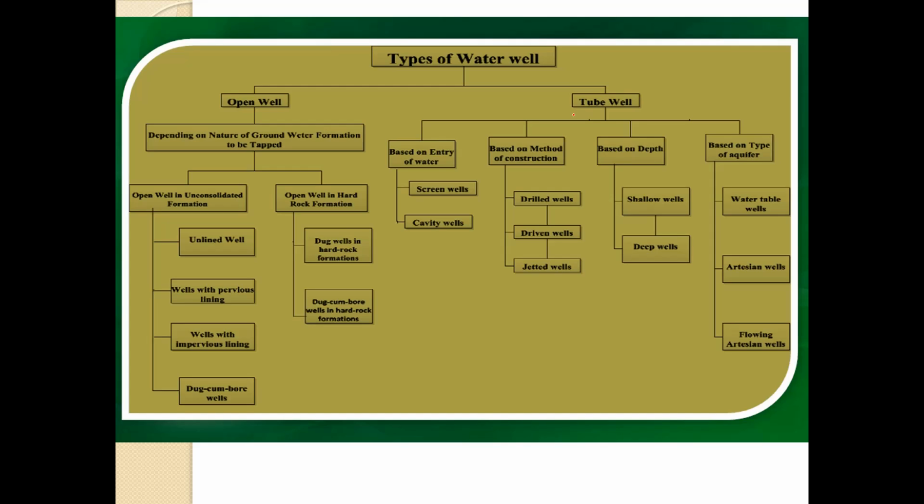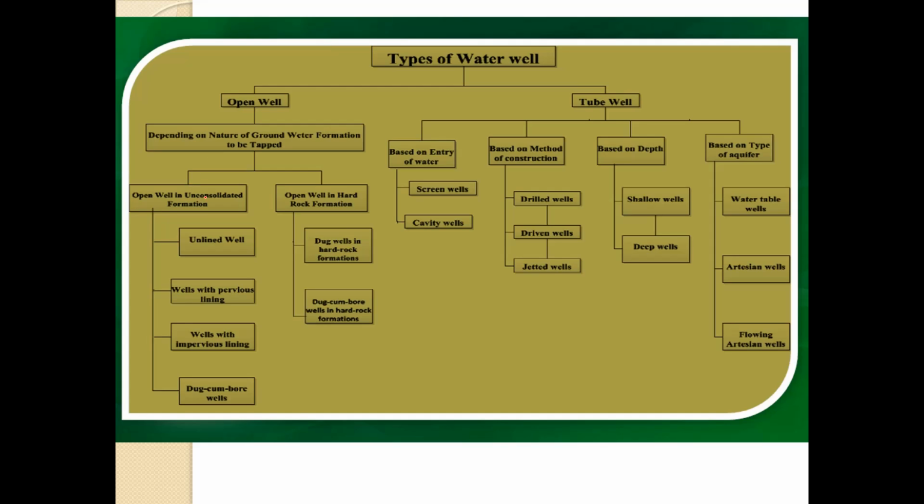Later on, when we had the methods of small borings, at that time we invented this tube well. The open well depends on the nature of the ground and the water formation to be tapped.